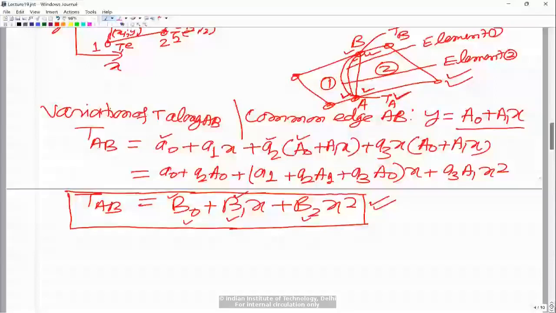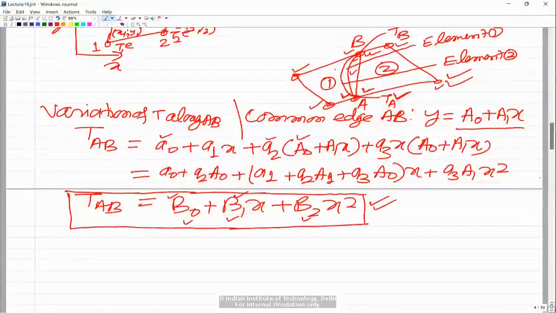So then what will happen is, for element 1, these constants will also depend on the temperature values at this node and this node. For element 2, these constants will depend on this node and this node also. So maybe element 1 would give a temperature distribution like this, and element 2 would give a temperature distribution like this.